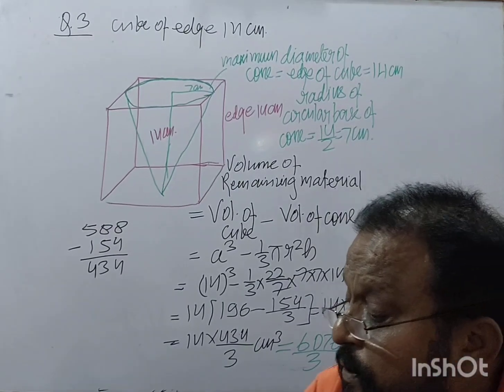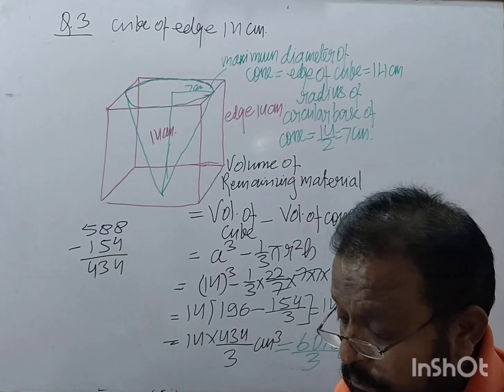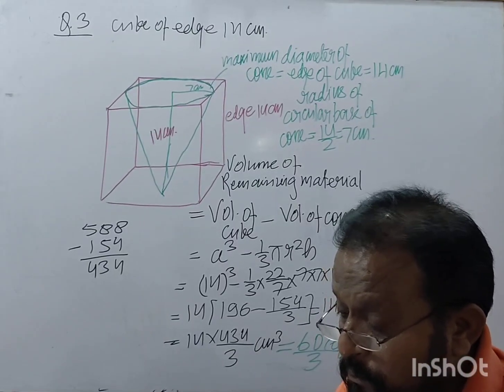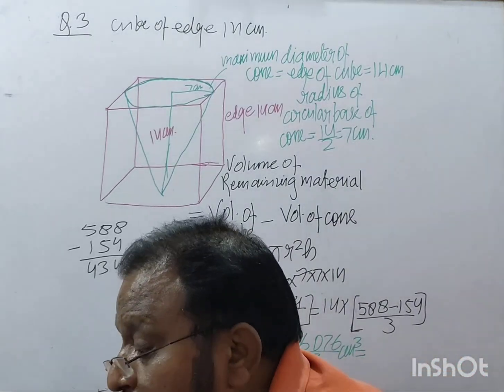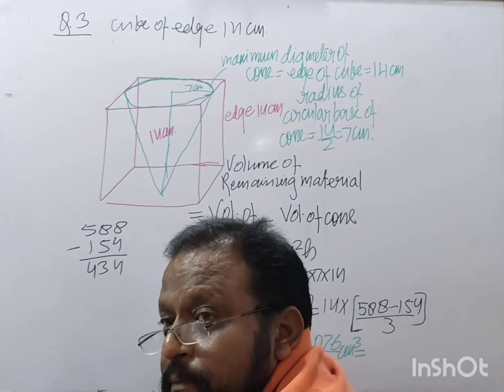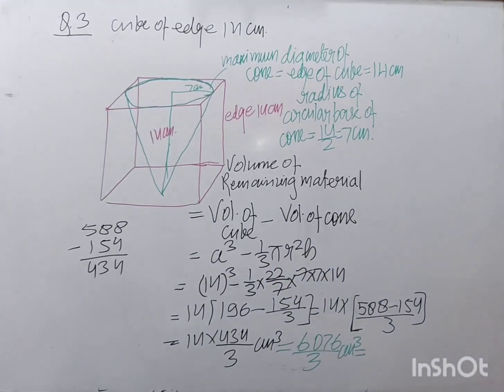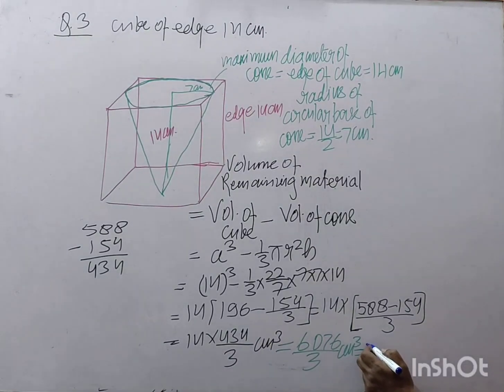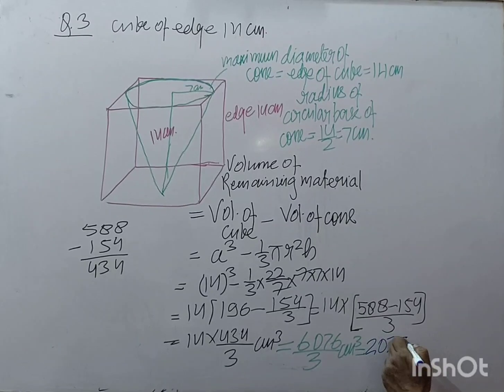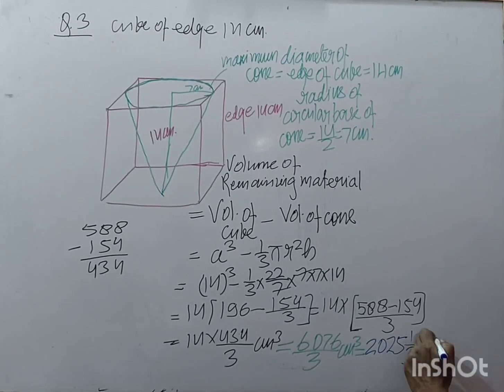So this is divided by 3. It is 2025.33, that is 2025 whole 1 upon 3 centimeter cube. This is the volume we have, right?